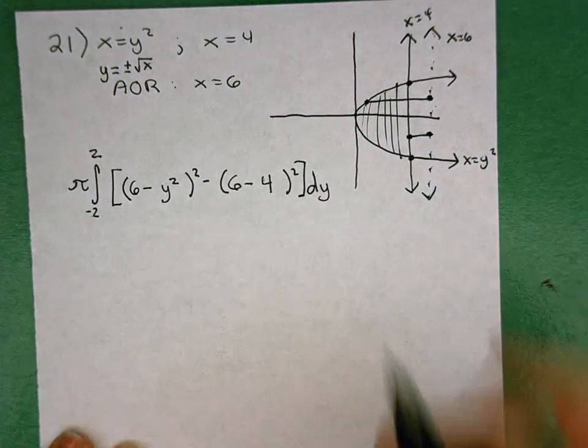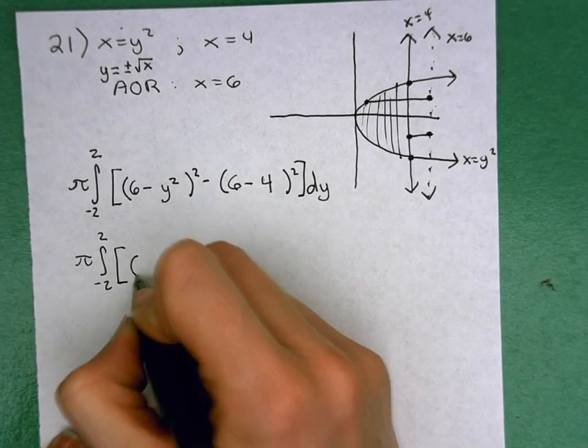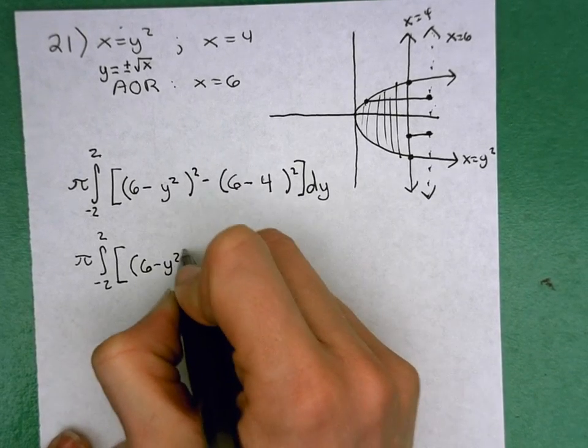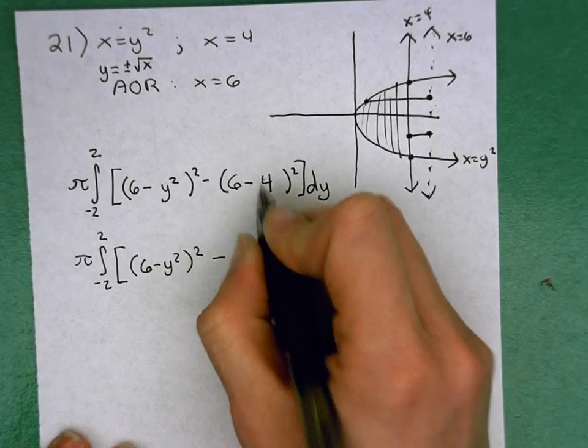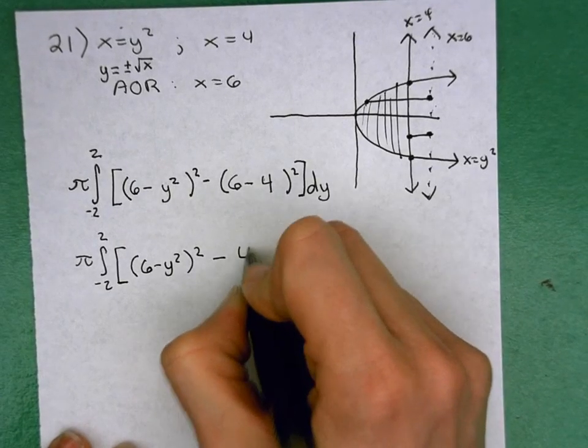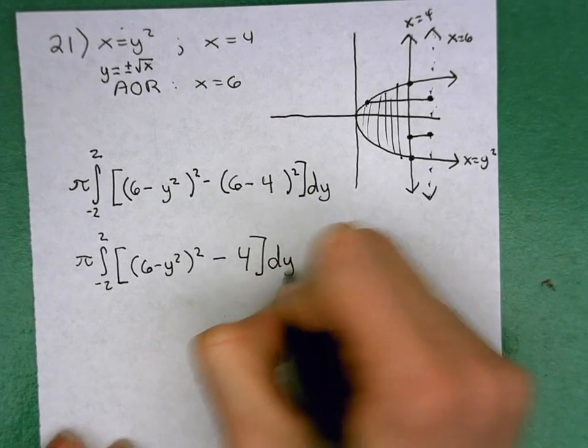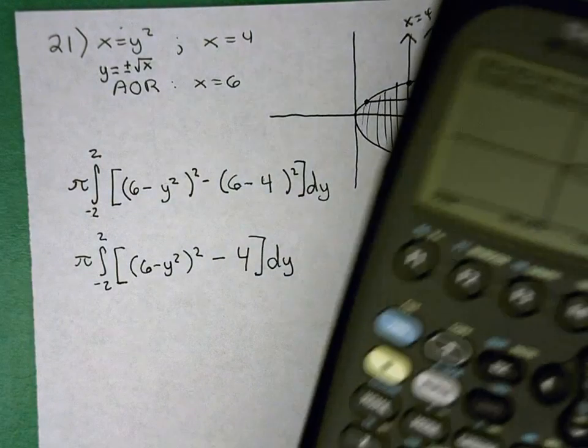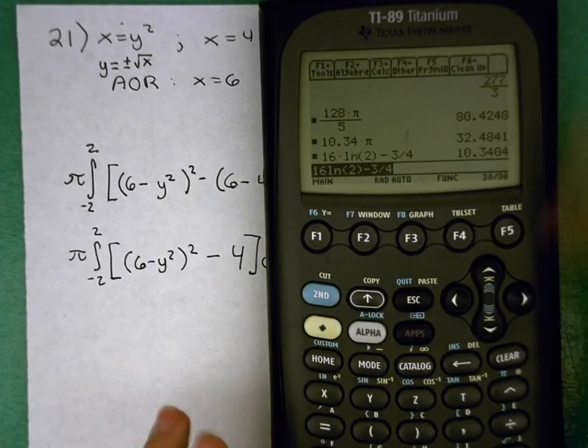Okay, and so if we want to, we can clean this up before putting it into our calculator, or you can put it in as you see. I'm going to go ahead and clean it up a little bit. 6 minus y squared, quantity squared, minus, this is 2 squared, which is 4. Okay. And then I plug this into my home screen.